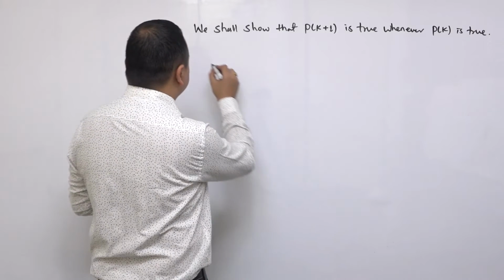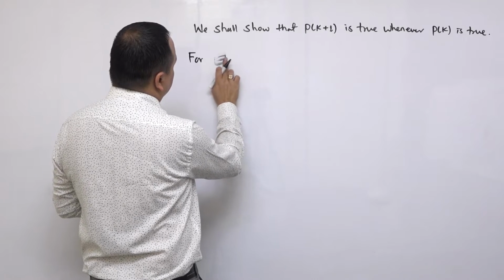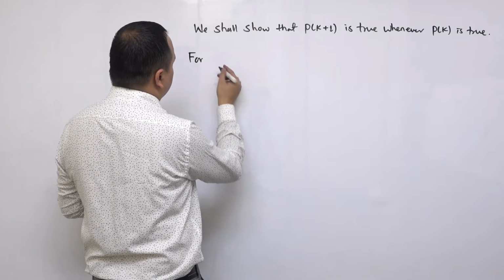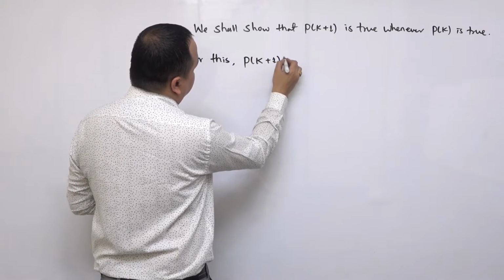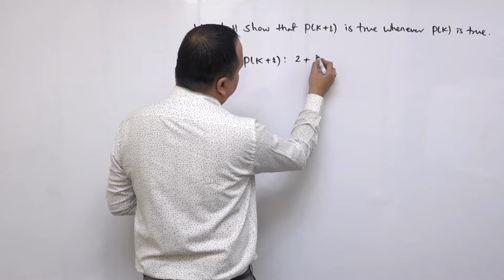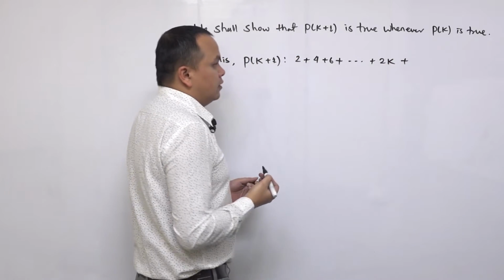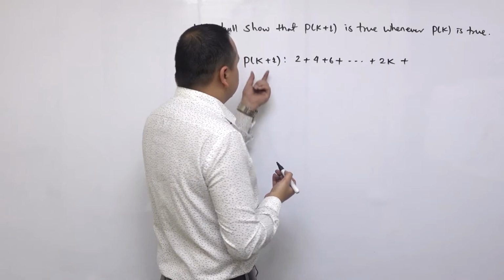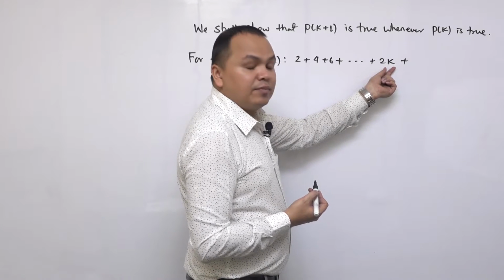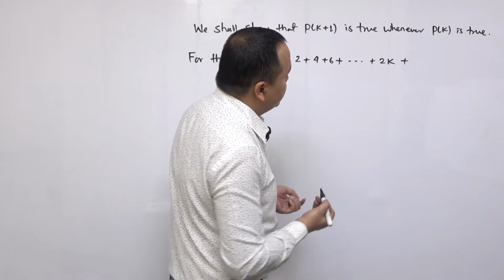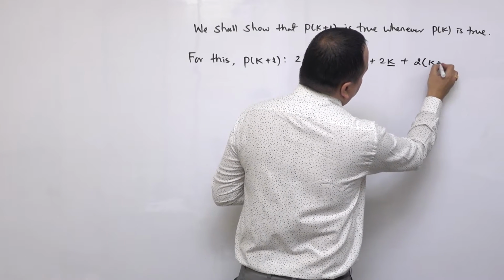For this, Pk plus 1 such that 2 plus 4 plus 6 plus ... plus 2k, the next term: k is replaced by k plus 1, then we get the next term, the 2 and k is replaced by k plus 1.